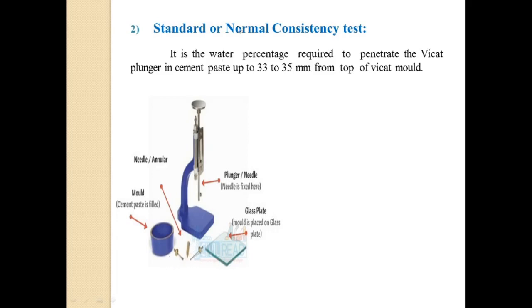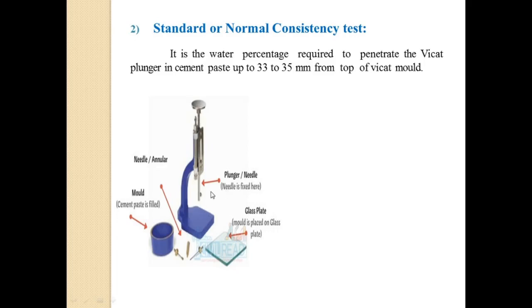For the standard consistency test, we attach this plunger in this assembly. The mold is placed on this glass plate, and then we fill the cement paste in it. Then this whole assembly is put under the plunger. Then we release this plunger into the Vicat mold.